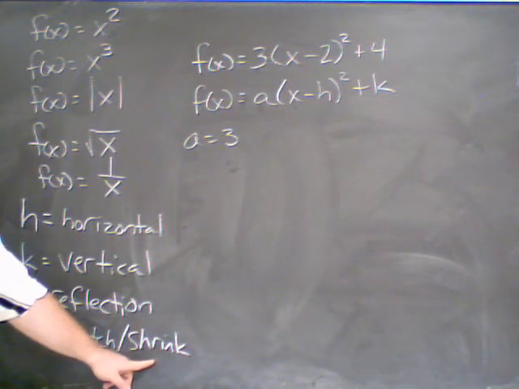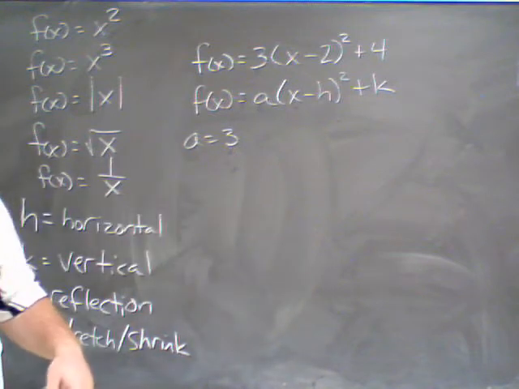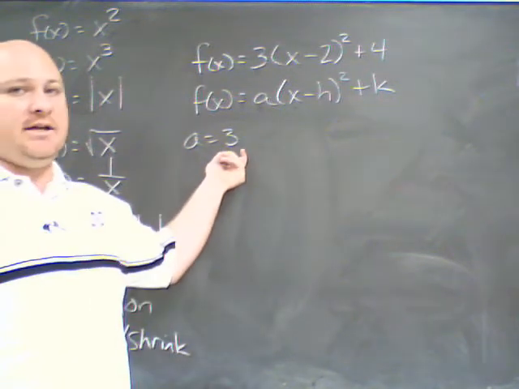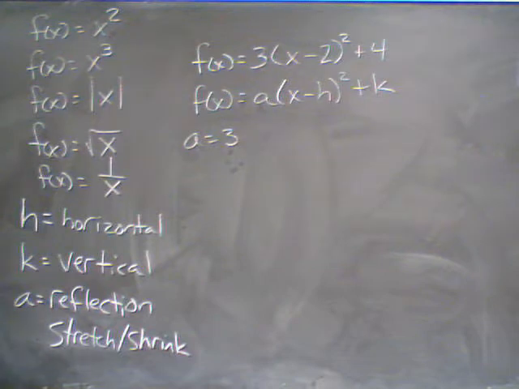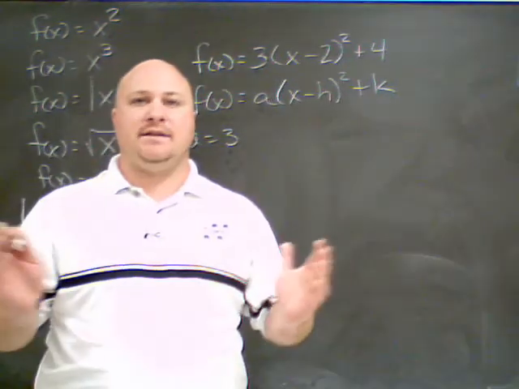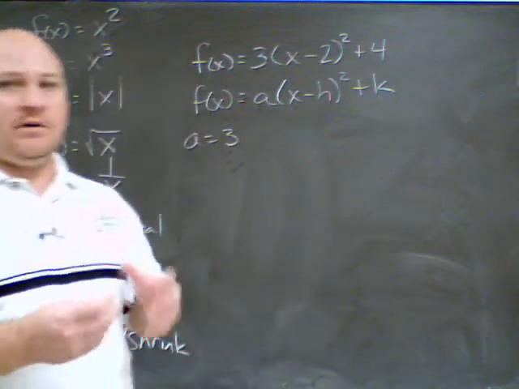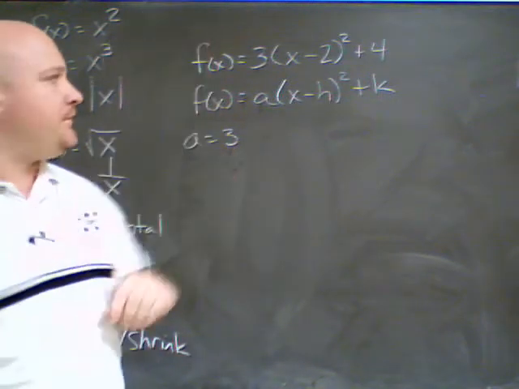Stretch and shrink deal with the value of this. The value is greater than 1, which it is. It means that it is going to stretch. That means that the graph will actually get skinnier or be pulled in toward the y-axis. So it's going to stretch vertically.